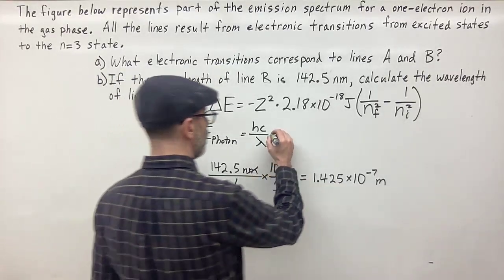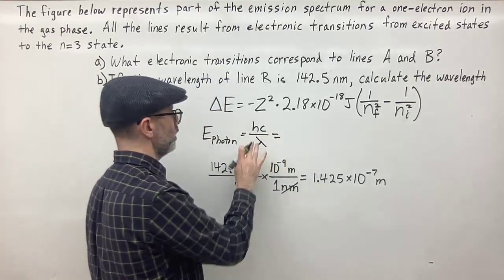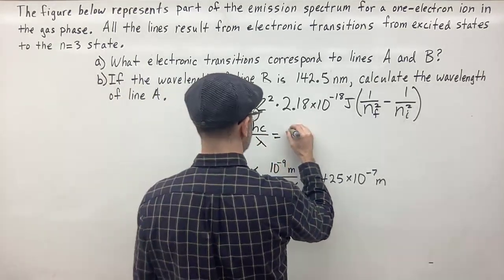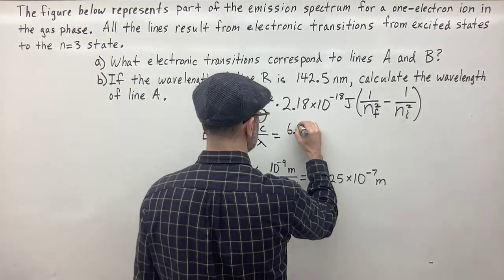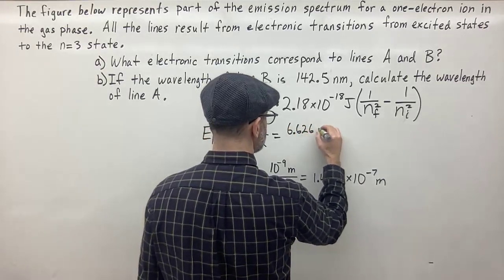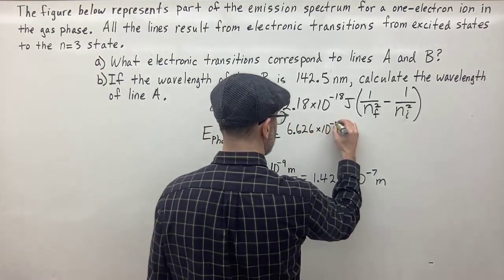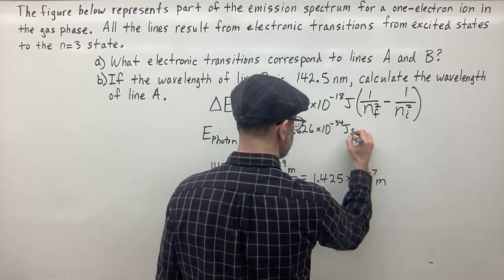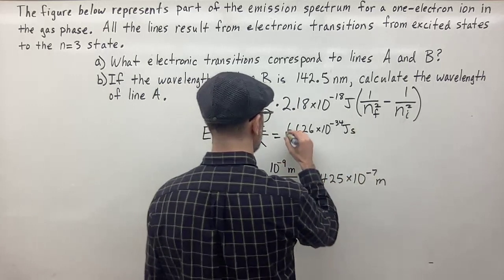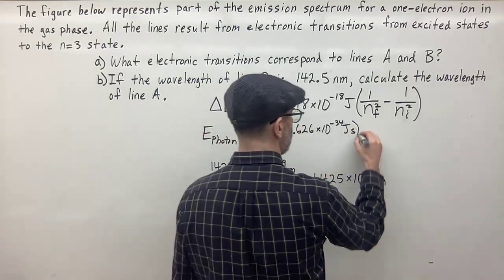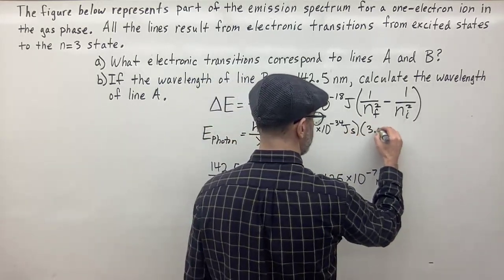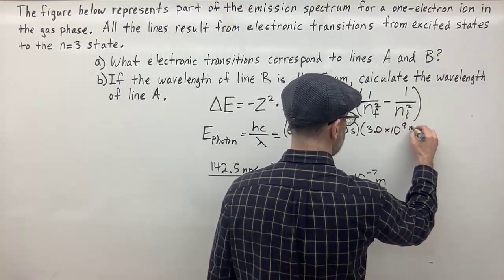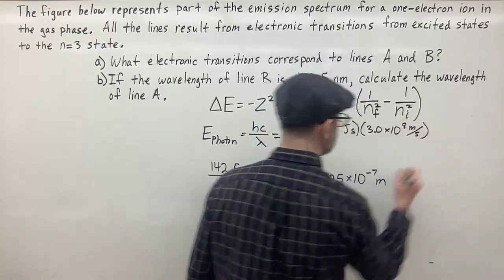So now I can plug that in along with Planck's constant and the speed of light. So Planck's constant is 6.626 times 10 to the negative 34 joule seconds. And that's going to be multiplied by the speed of light, which is 3.0 times 10 to the 8 meters per second.